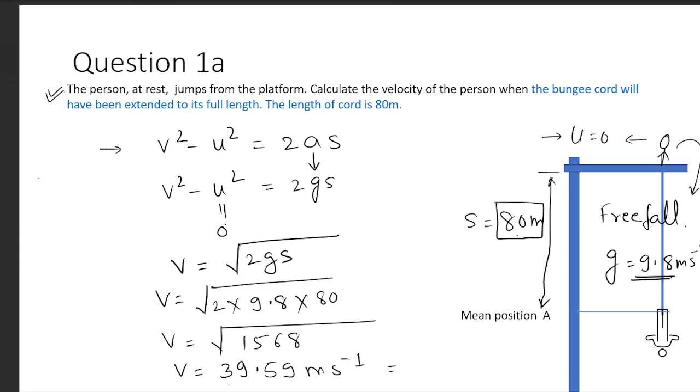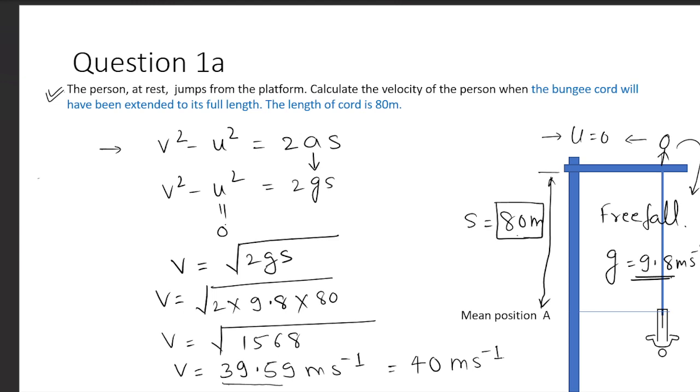This quantity has four significant figures, so let's round it off and we can write it as 40 meter second power minus 1. So the velocity of the person at the mean position is 40 meter per second, and mean position here means that the cord or the rope is fully elongated, right?